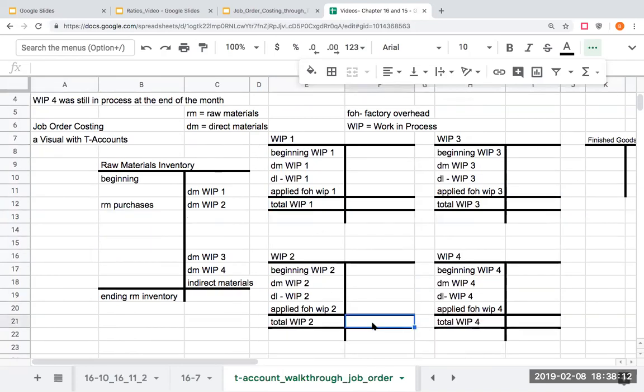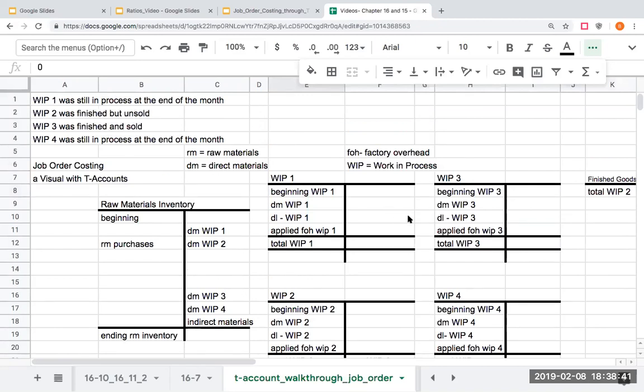So I'm going to take this total WIP 2 and move it over here to my finished goods inventory, because over here it is finished, but it is unsold. When I do this, my ending balance in my WIP 2 account should now be 0.